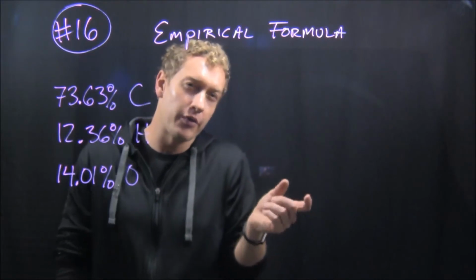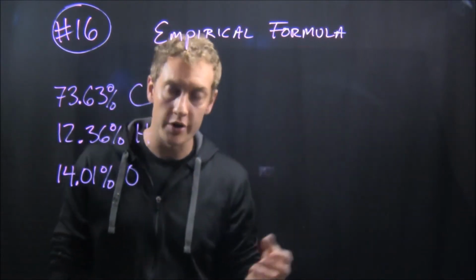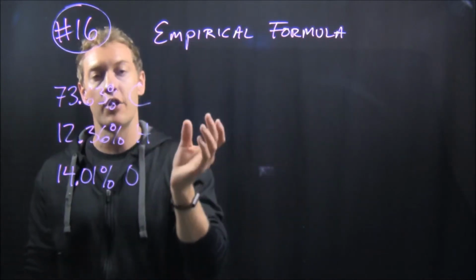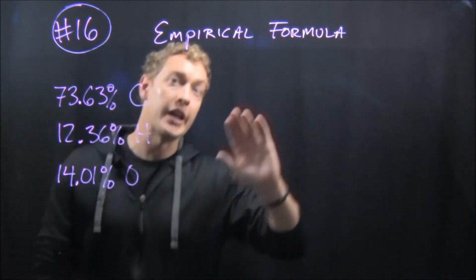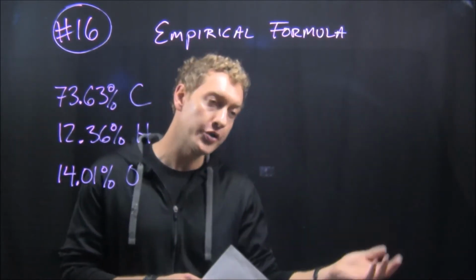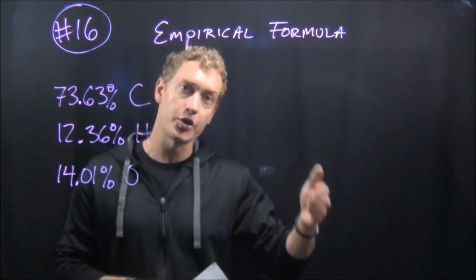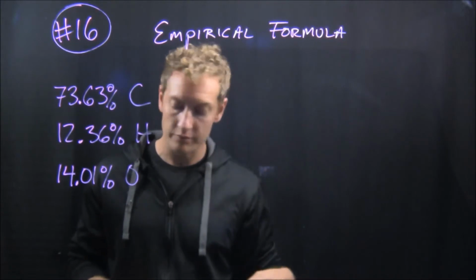So the only way for us to compare ratios of atoms is in terms of moles. So step one, you assume that you have 100 grams. Then your percentages become a gram value. We need to put that in terms of moles, and then we can compare the number of moles to one another, and the simplest whole number ratio of the moles is the empirical formula.